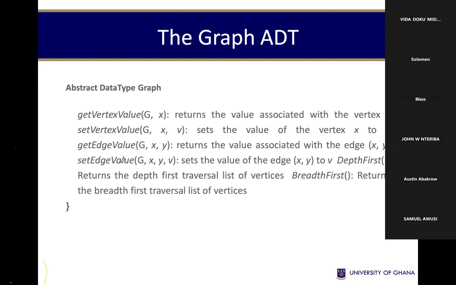Now the second one says set edge xy with a value of v. So although the value is, let's say, 24, I want to replace it with, let's say, 30. So the 30 will now replace 24. So now when I go to get edge value xy, it will no longer be 24, but rather 30. So that's the meaning of set edge value. Please, do you understand now? Okay, sir. Thank you, sir.